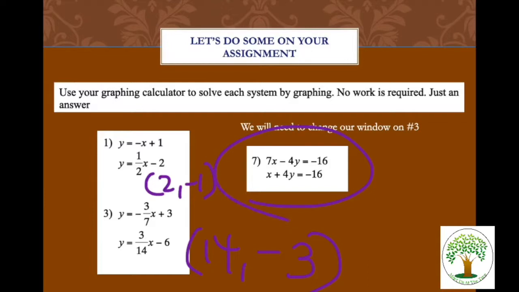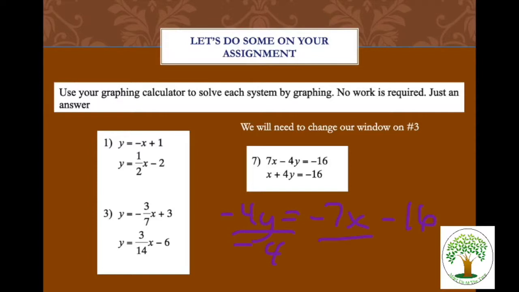Now let's do number 7. Number 7, we're going to have to put that in slope-intercept form. Your graphing calculator only graphs things in slope-intercept form, not in any other form. So we're going to have to move this around. We're going to do that by moving the 7x over here and dividing by that negative 4. So let's do it together. When I move this over here, I'm going to have negative 4y equals negative 7x minus 16.